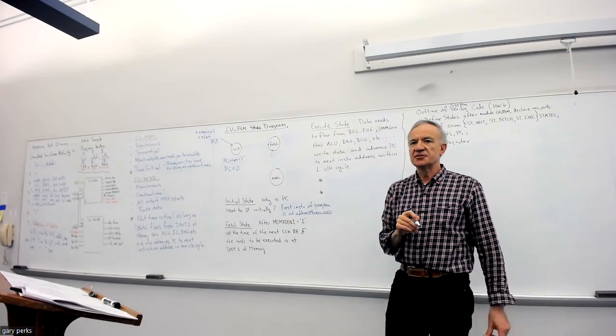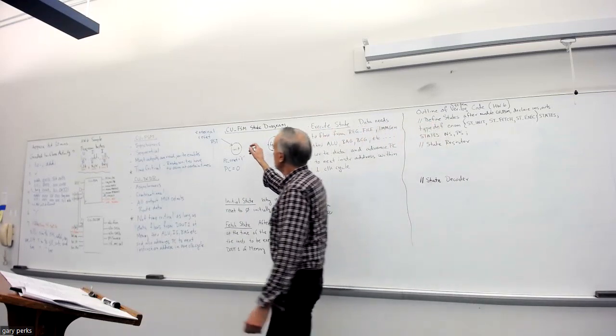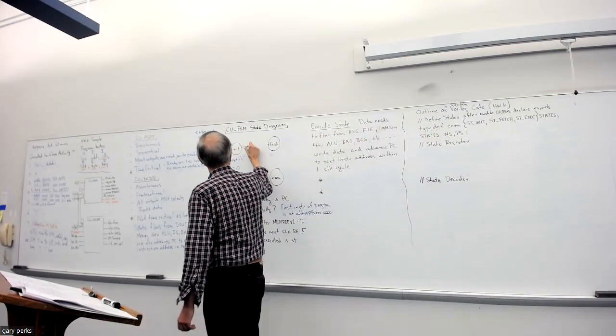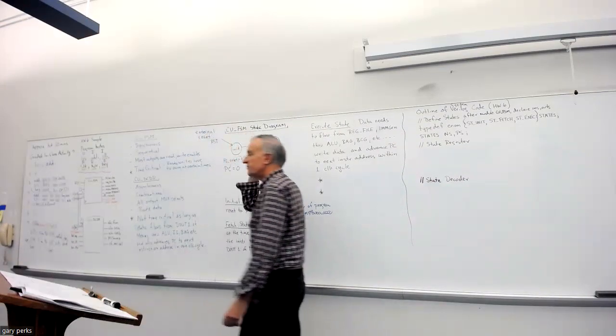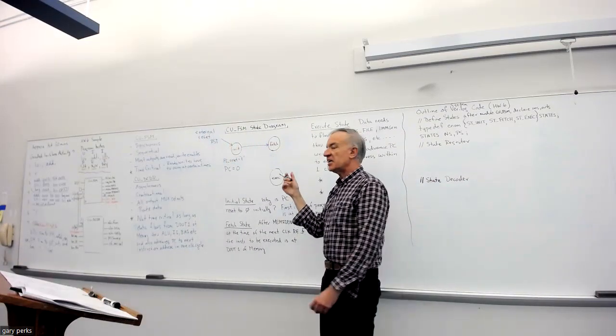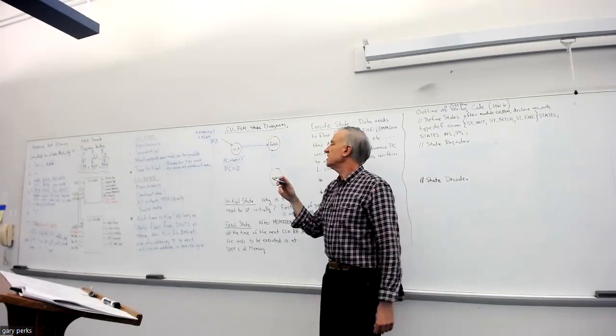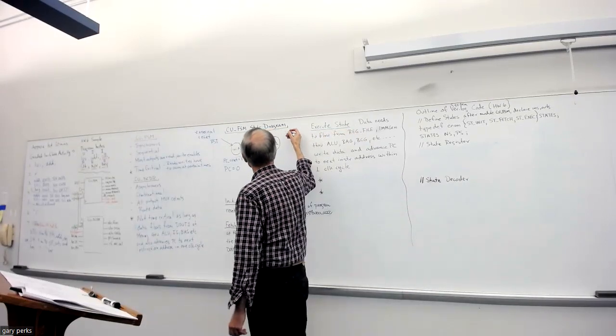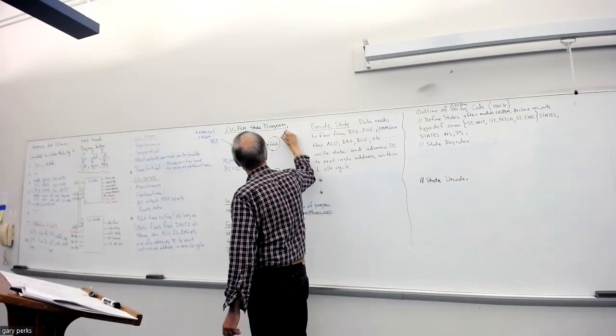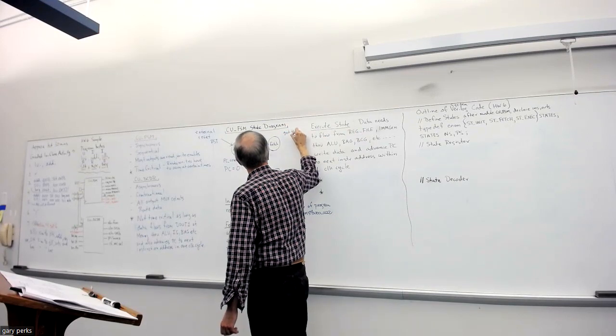Yeah, that makes sense. Okay, so then you go from the initial state to the fetch state, and as the name implies, you're getting something, you're fetching it, and what you're fetching here is the instruction, the instruction to be executed.